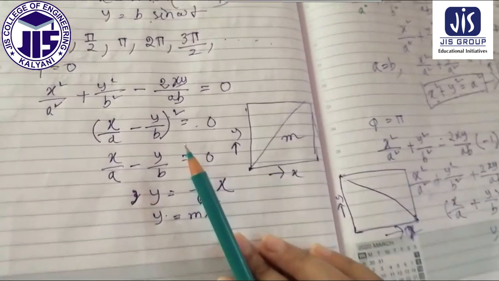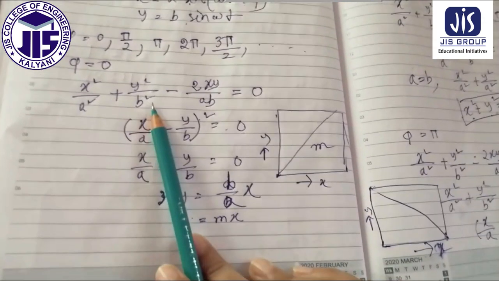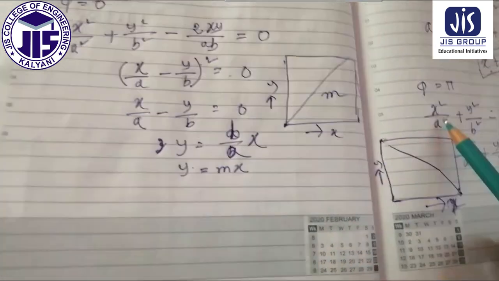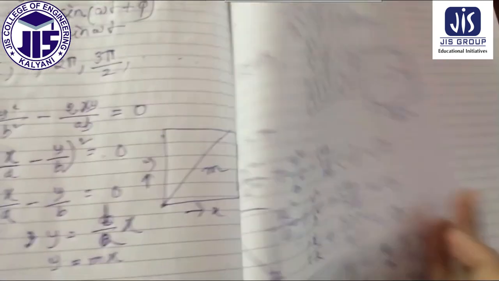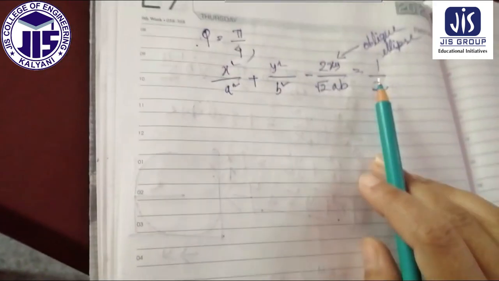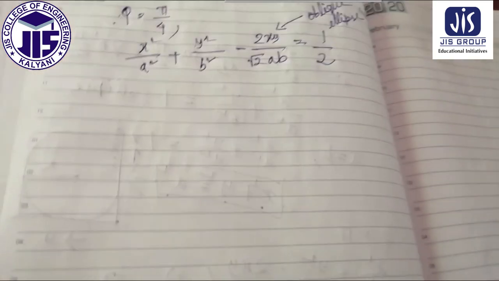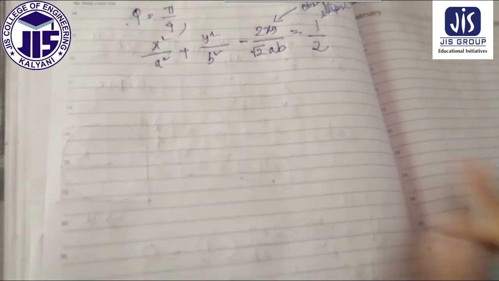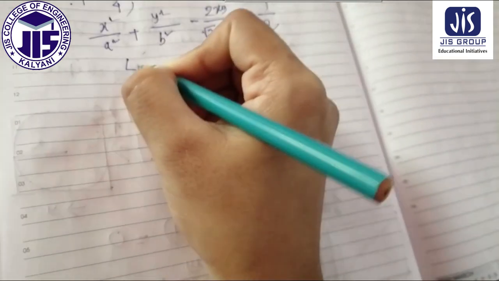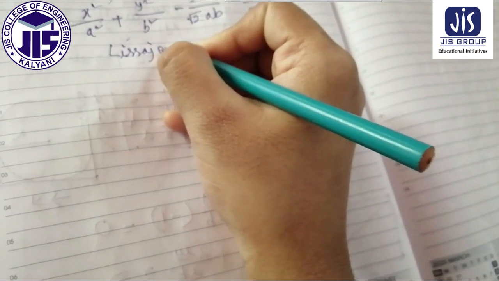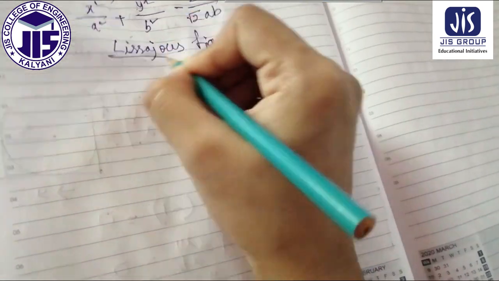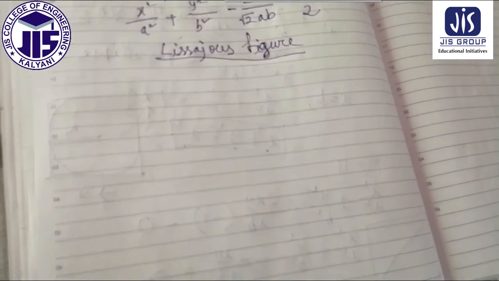First, if we recapitulate, for phi equal to 0 we got a straight line with positive slope. Here we have got a straight line with negative slope. Here we are getting a circle. So for different phases, we are getting different figures. These figures are called Lissajous figures.